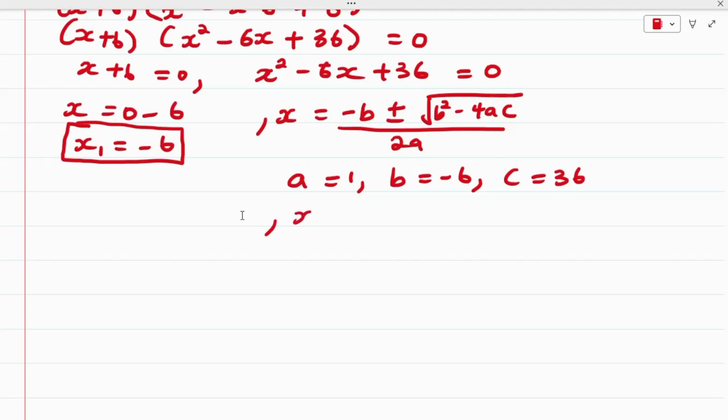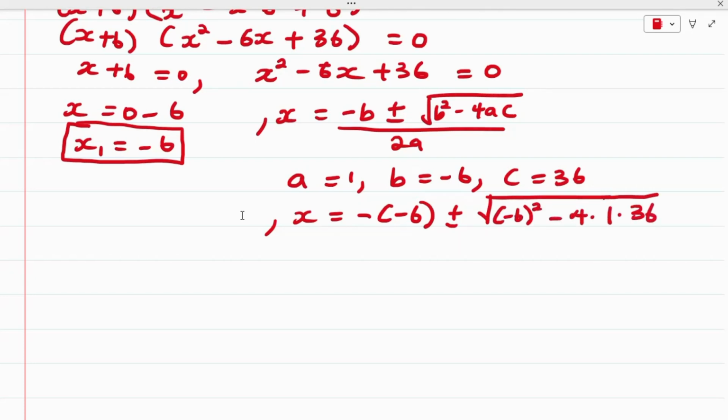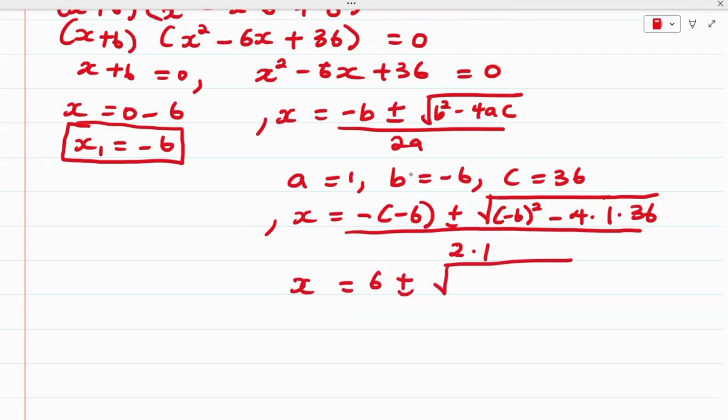So x = (-(-6) ± √((-6)² - 4 × 1 × 36)) / (2 × 1). Minus times minus is plus, so we have 6 ± the square root of 36 - 4 × 36, divided by 2 × 1, which is 2.